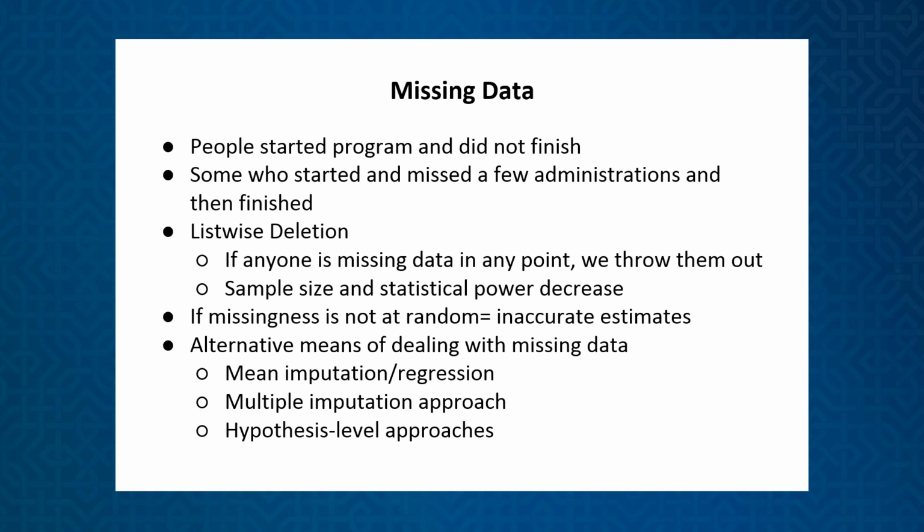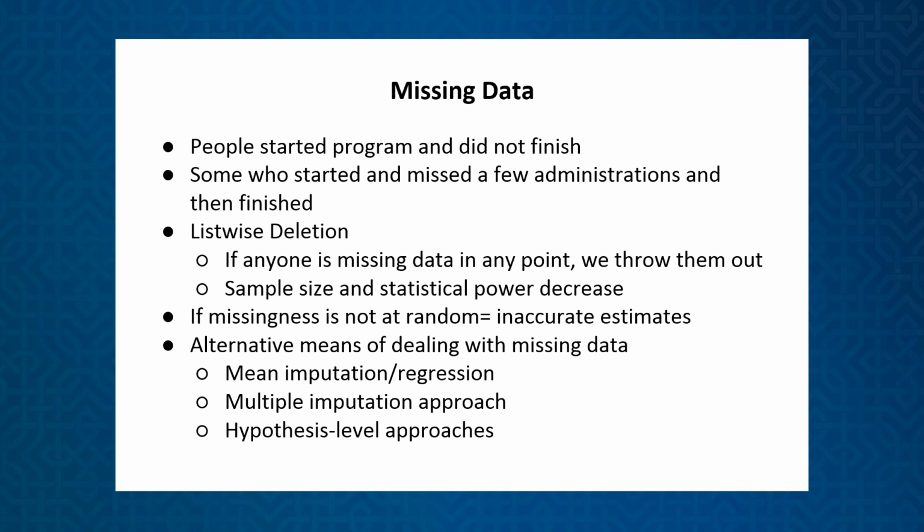And if the missingness is not at random, in other words, why someone is missing, or the fact that they're missing, is correlated with some important characteristic about them, then you could also misrepresent your data. So there are ways of dealing with missing data, some better than others.